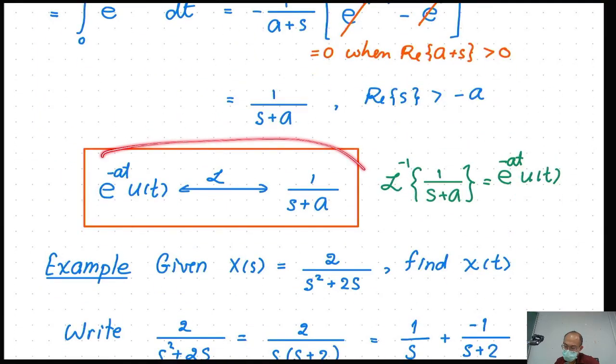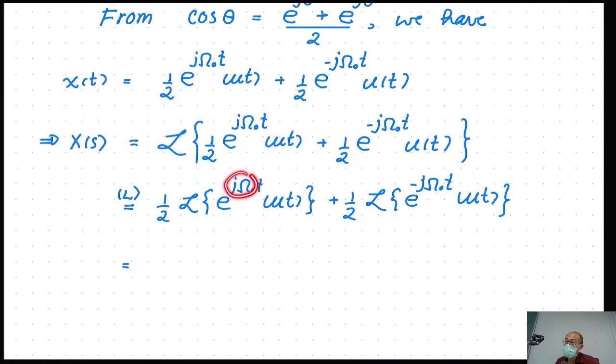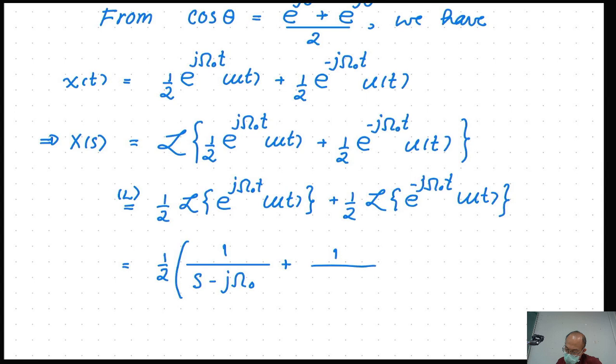We can use this formula, right? Now, A here is j omega 0, and the other is negative j omega 0. So the first term is 1/2 of 1 over s minus j omega 0, and the second term is 1 over s plus j omega 0.